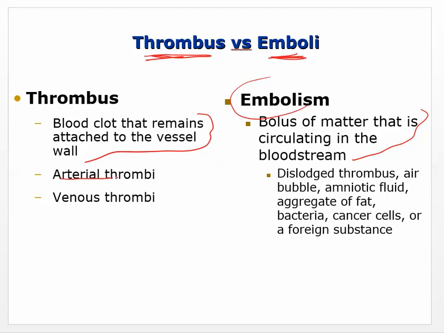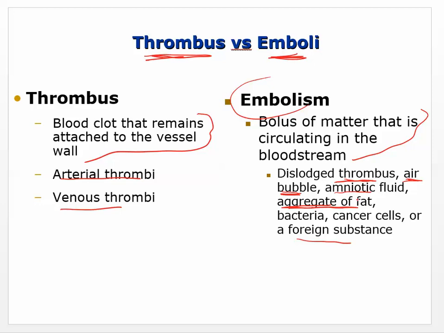So a thrombus can be arterial thrombi or venous thrombi. An embolism can be a dislodged thrombus, which is what I've been referring to, but, and this is important, it can also be something like an air bubble, okay? An air embolism, amniotic fluid, aggregation of fat, so a fat aggregate that breaks off, bacteria, cancer cells, anything that can get in, any kind of foreign substance that is thrown into the circulation and then results in some kind of a clot.